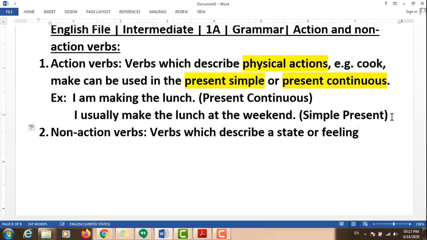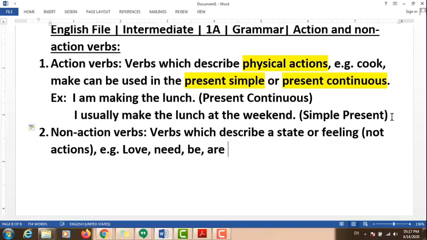Remember, not actions. It is not supposed to show what? Actions. For example, what? Love, need, and be. Okay, so these are what?